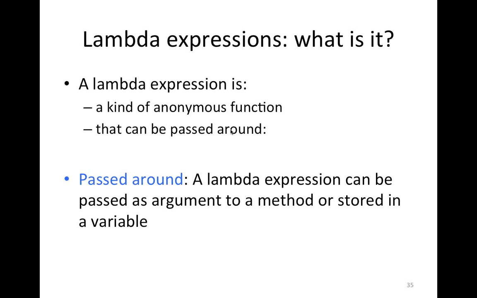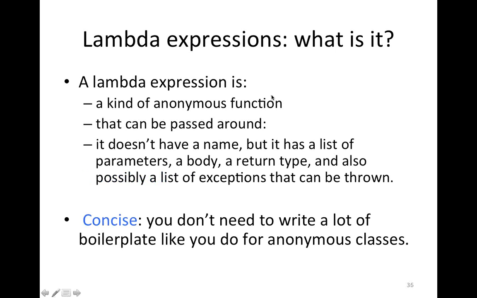So they can be passed around. And finally, as I said, the lambda doesn't have a name, but it has a list of parameters, a body, a return type, and a list of exceptions, just like normal methods. And what's great about them is that they're really concise compared to anonymous classes. You don't have to write a lot of boilerplate code.